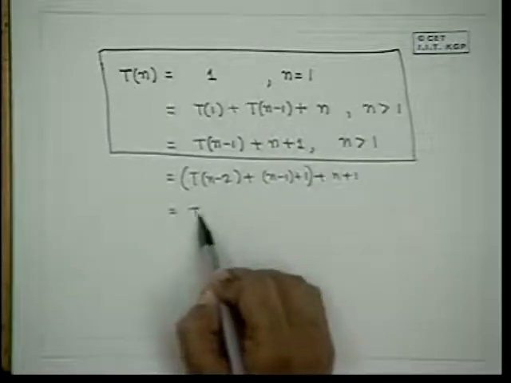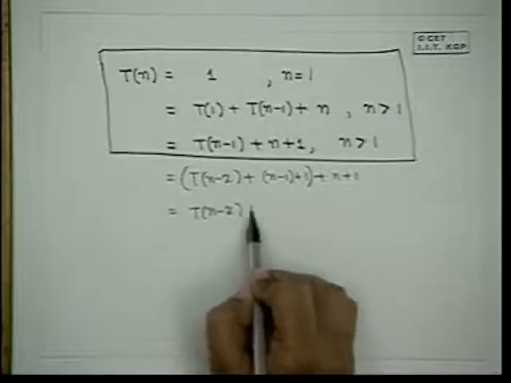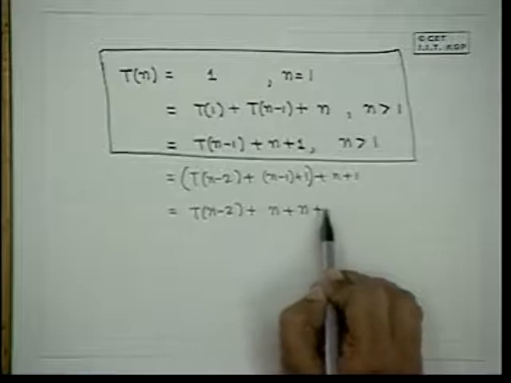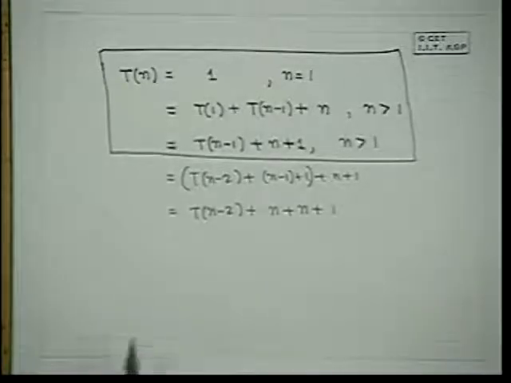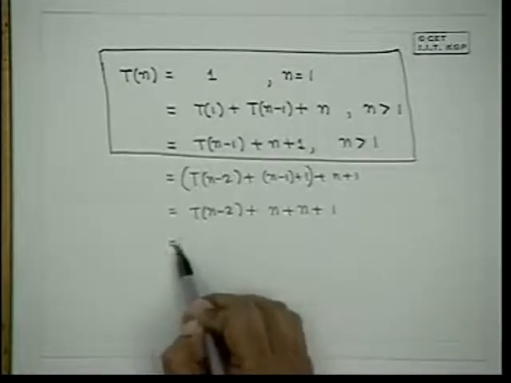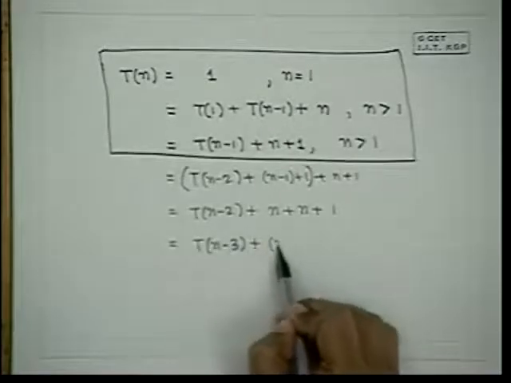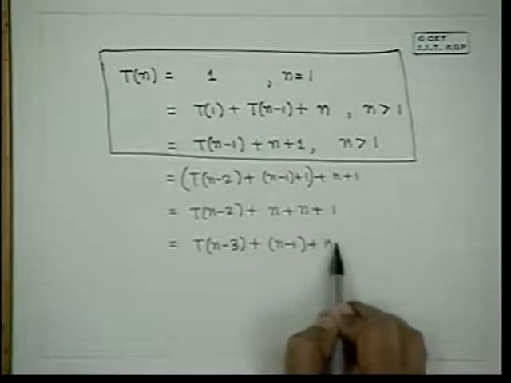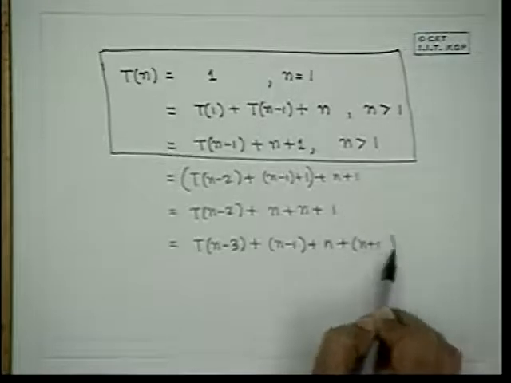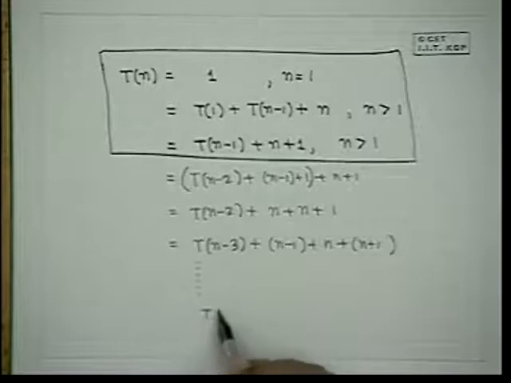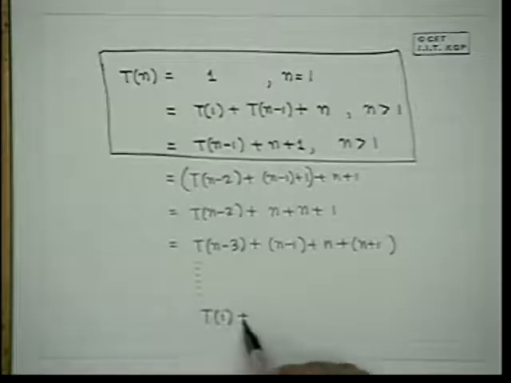So it will be T(n minus 2) plus n plus n plus 1. The next step you can write in one shot: T(n minus 3) plus n minus 1 plus n plus 1.